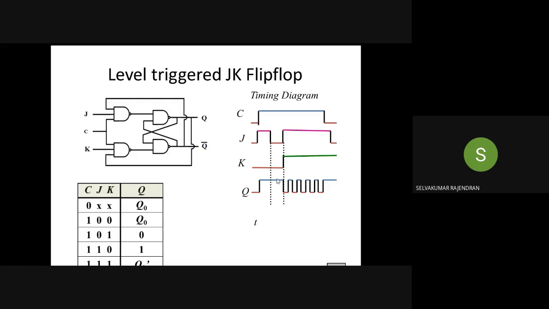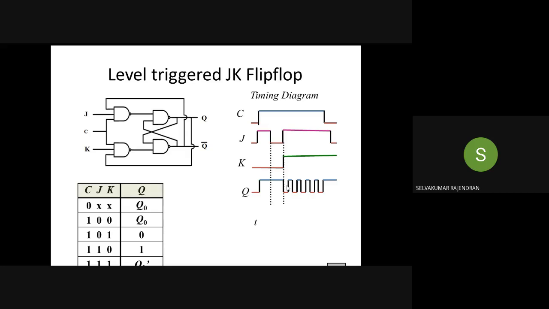Then both inputs are logic 1, and the clock is still enabled, so you get the output like this: the toggling condition. Initially 1 is complemented to 0, then 0 complemented to 1, 1 to 0, then 1, 0, 1, 0, like that.